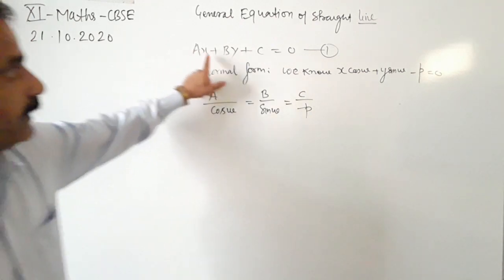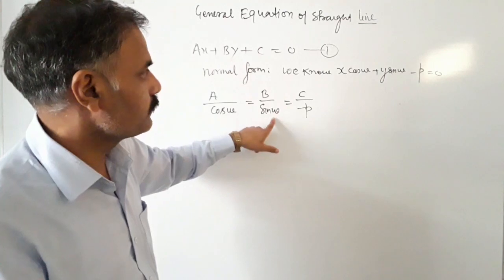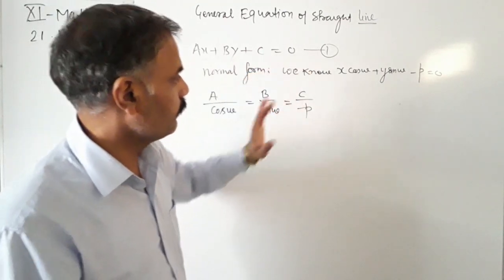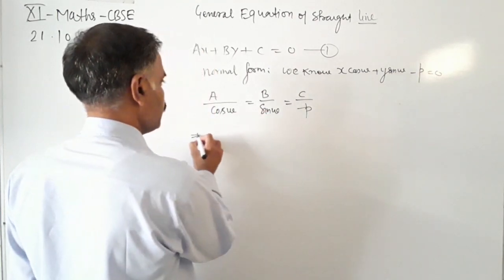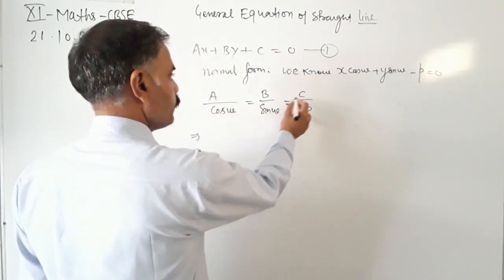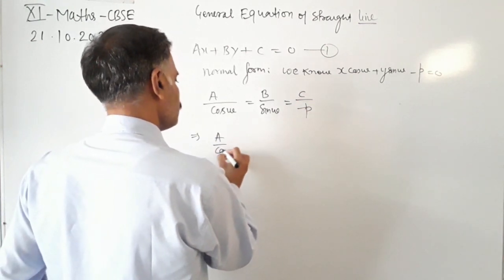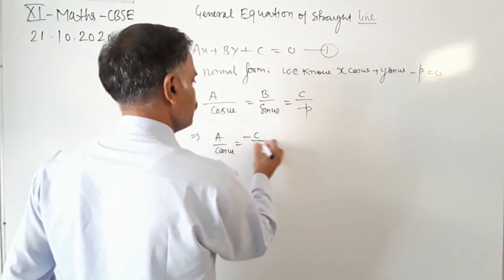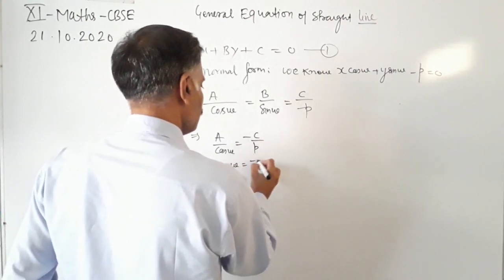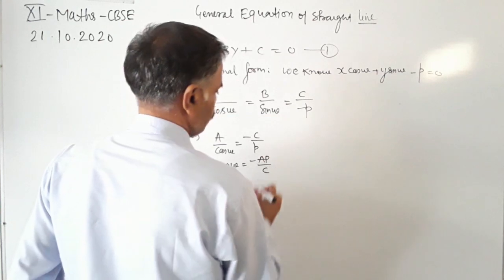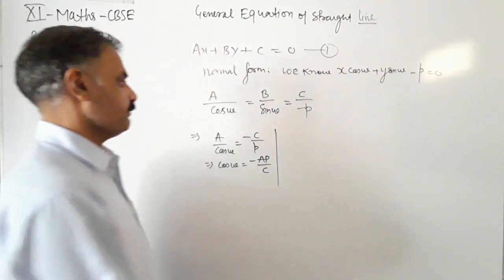So after comparing, a upon cos omega, b upon sin omega, c upon minus p. From this we have a upon cos omega equals minus c upon p, or we can write cos omega equals minus ap upon c.